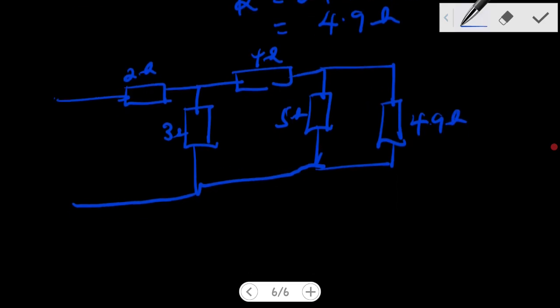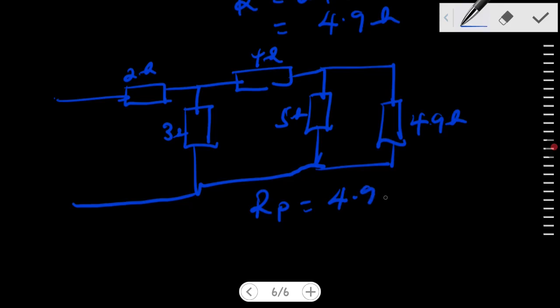Now, if you look at the 5 and the 4.9 ohm resistor, they are in parallel connection. Therefore, resistance in parallel connection will be equal to 4.9 times 5 all over 4.9 plus 5.